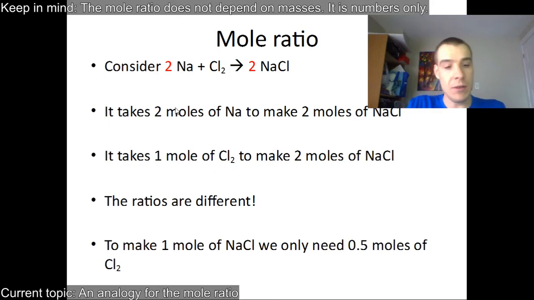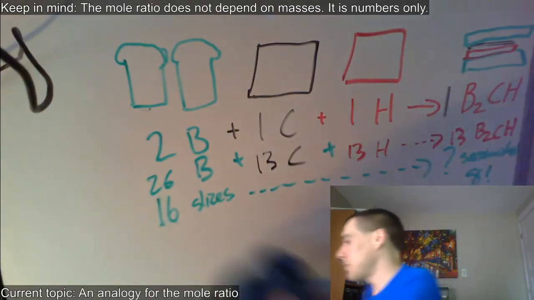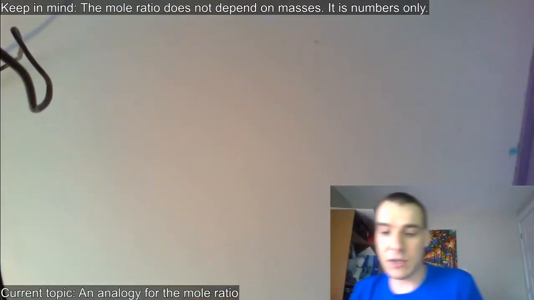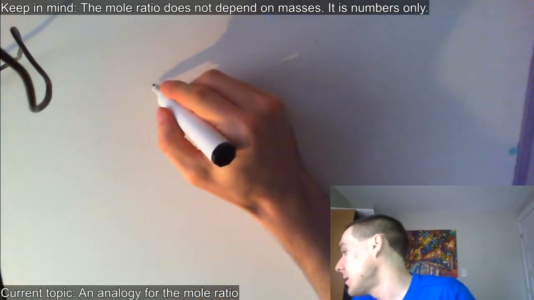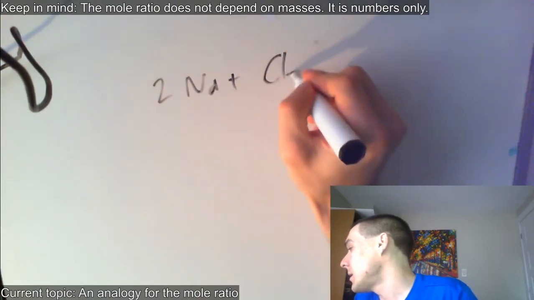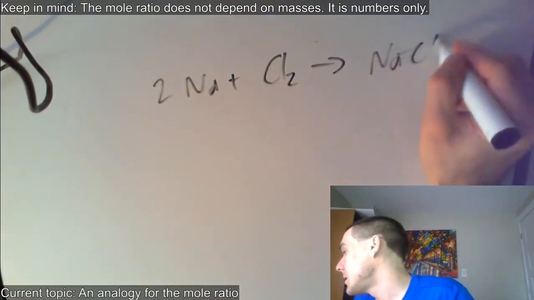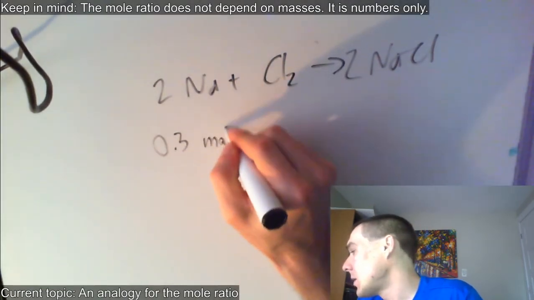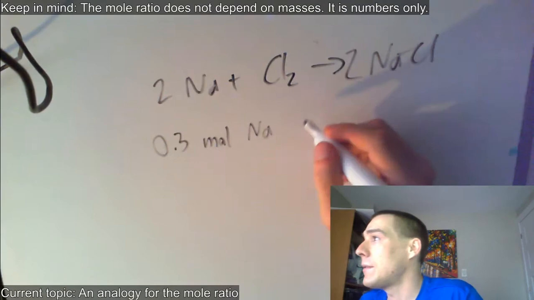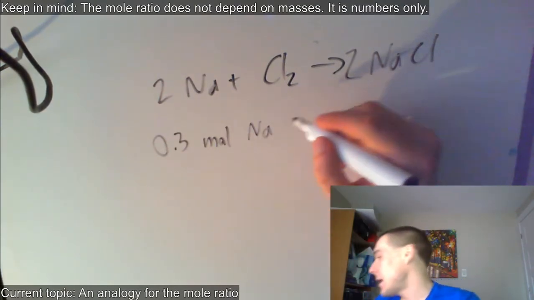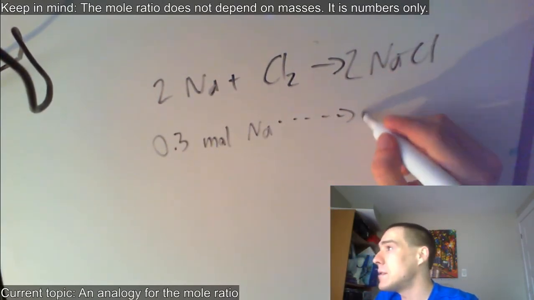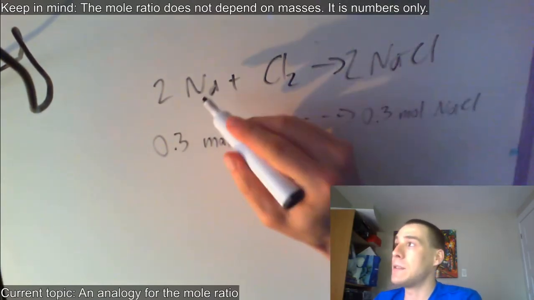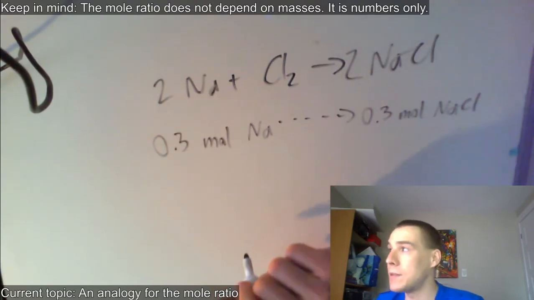And the ratio can be expressed as a rate. Rate kind of folds into ratio. When we have this, it's 2Na plus Cl2, making 2 NaCl. If I had 0.3 moles of sodium, I could make, I think it's pretty obvious, 0.3 moles of NaCl, because it's a 2 to 2, which is basically a 1 to 1.